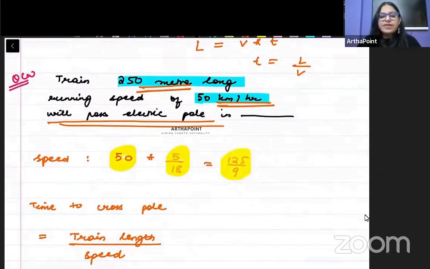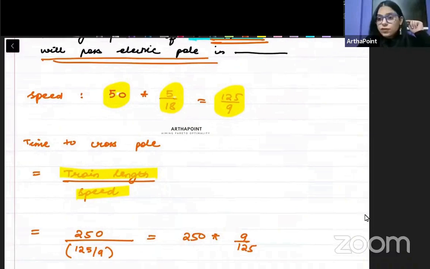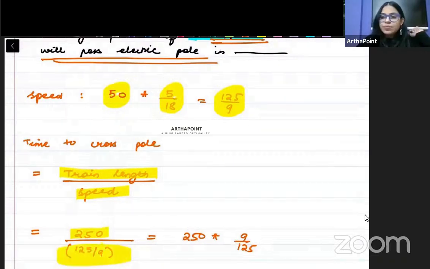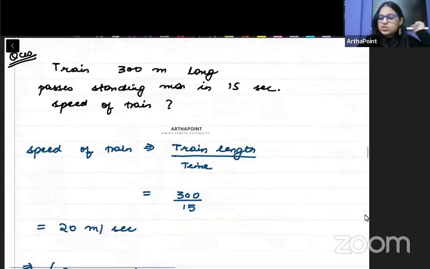So I will get 125 by 9. Now I just need to use this formula that T is equal to L by V. So length divided by speed. The length is given to me as 250. So I've just plugged 250 here. And the speed is given to me as 125 by 9. And when I just solve this, I will get the answer as 18 seconds. Right, beta?